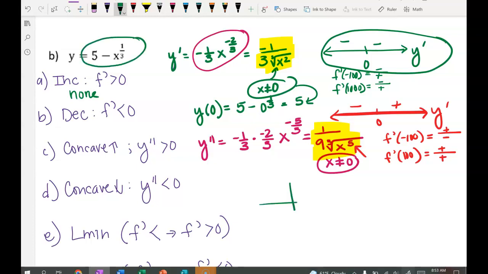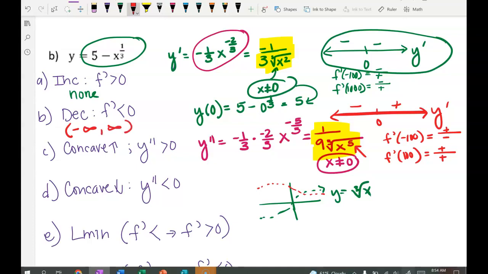So if you think of a cube root and it's negative, it's a reflection over the x-axis. So a positive cube root, the parent function, if you remember, looks like this, right? It's always positive, but because it's a reflection and it's shifting up 5, it's going to be like this. So it's always negative. Decreasing. So decreasing from negative infinity all the way to infinity.